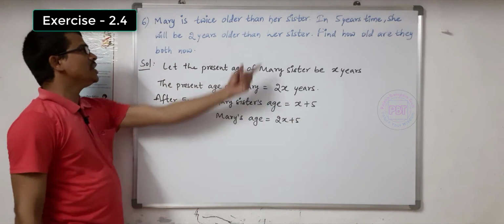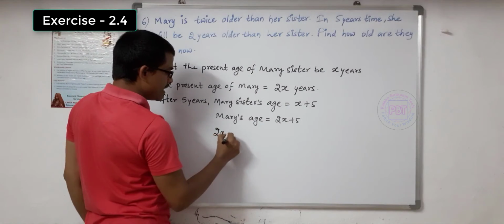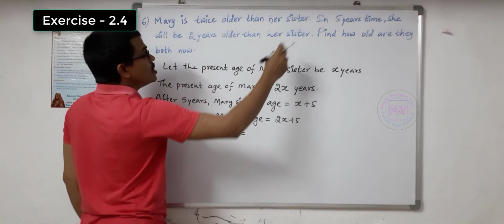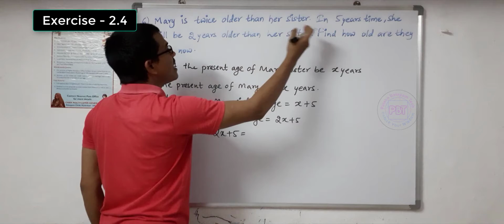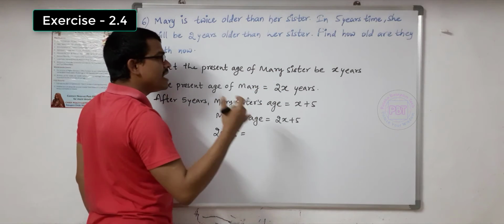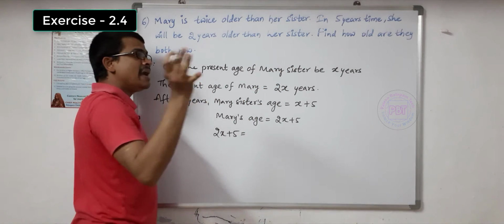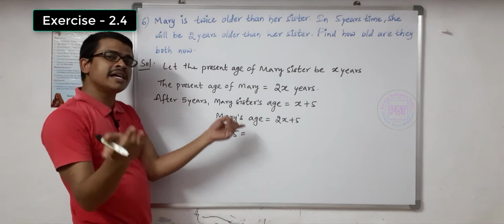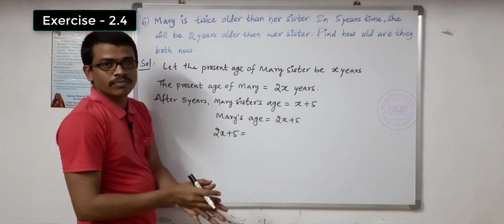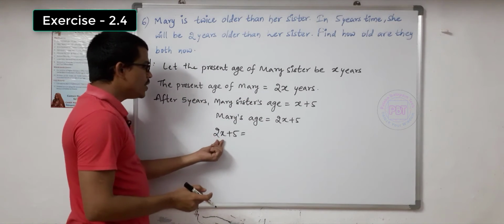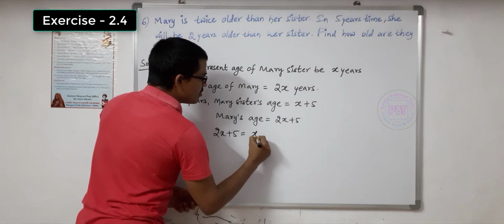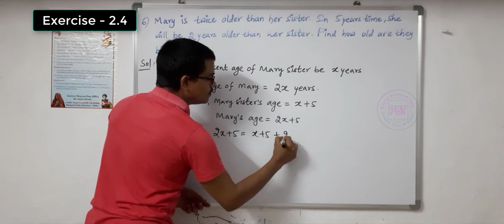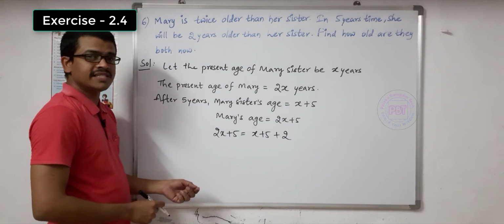Okay. Now according to the question, 2x plus 5 equals. After 5 years time, Mary will be 2 years older than her sister. That is nothing but whenever you add 2 to Mary's sister's age, then the sister's and Mary's age are both the same, isn't it? So 2x plus 5, this is the age of Mary, equals x plus 5 plus 2 years more, isn't it?